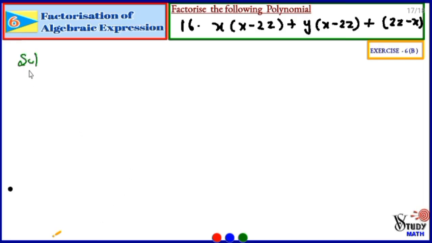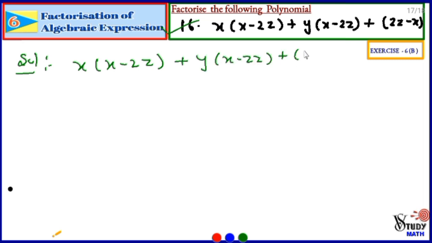The problem number 16 is on your screen, you can see here: (x − 2z) + y(x − 2z) + (2z − x). In the third term, the sequence of x − 2z is changed. So for solving this problem, we have to take −1 as common from the third term.